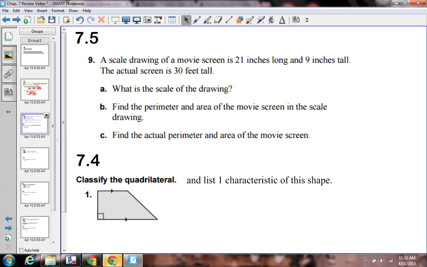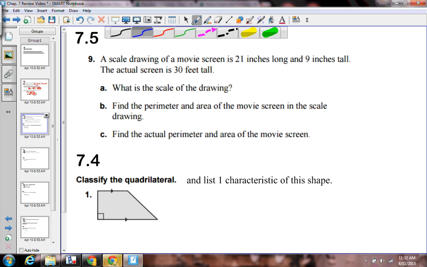So that's what our scale is: 9 inches is to 30 feet. And in this case, I am going to just simplify that down to 3 inches is to 10 feet. There's no specific rule about scales except that the model comes first.